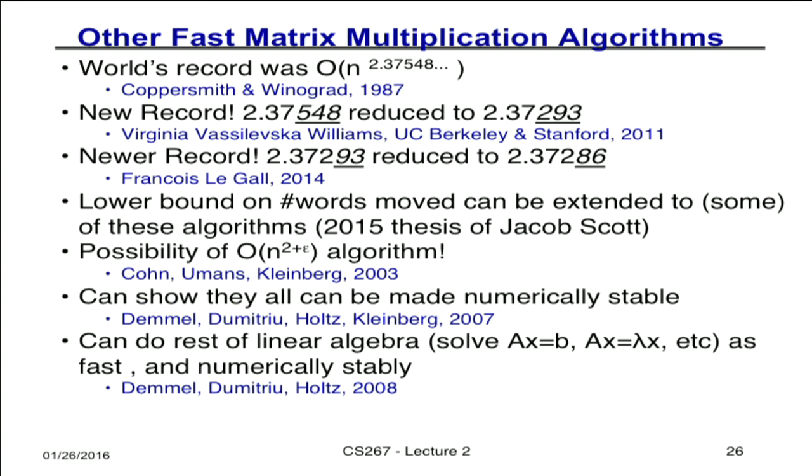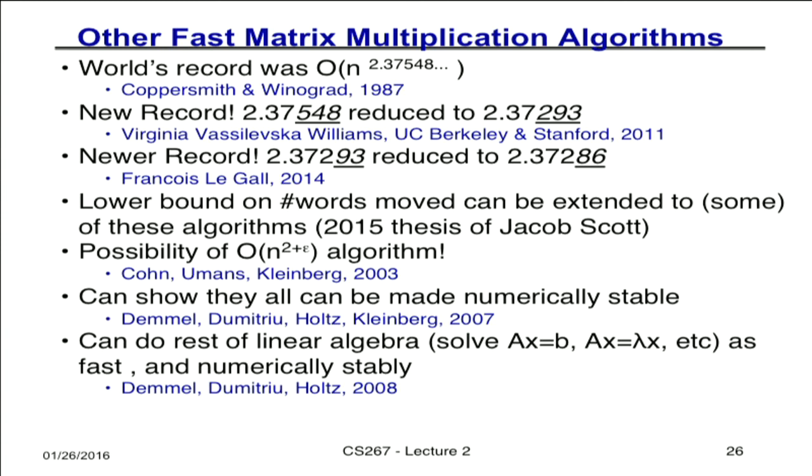And you actually want to get the right answer if you're going to use these things, and it turns out you can make them numerically stable as well. By the way, this paper by Cohn, Umans, and Kleinberg turns it into a group theory problem. So there's a bunch of cool math behind it.